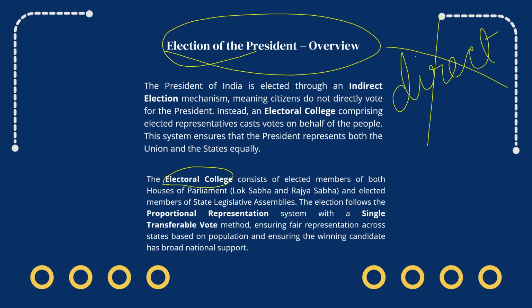So the goal is not just to elect a winner, the goal is to elect a candidate with broad national support. The President is elected indirectly by an electoral college using proportional representation and single transferable vote, and this system maintains the balance between democracy and federalism in India.